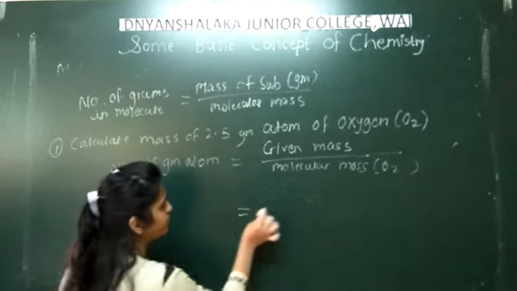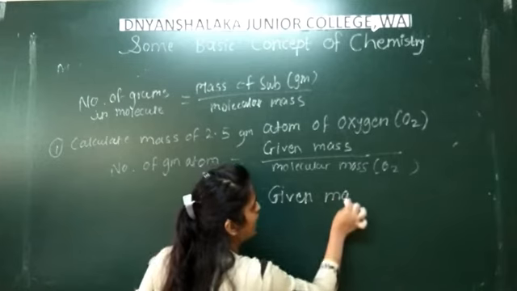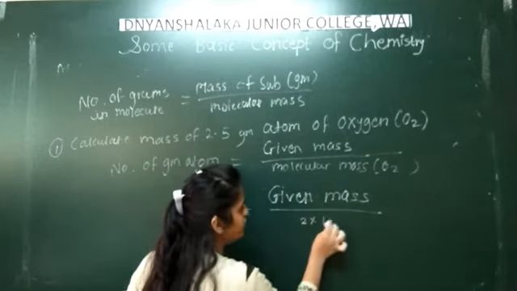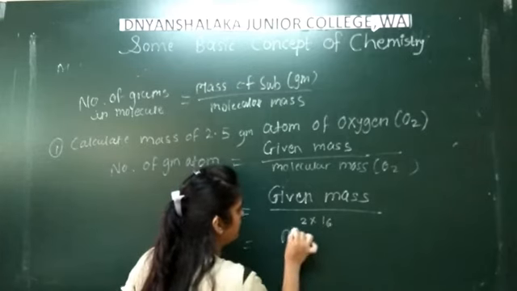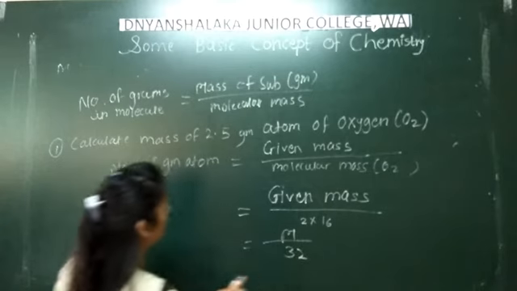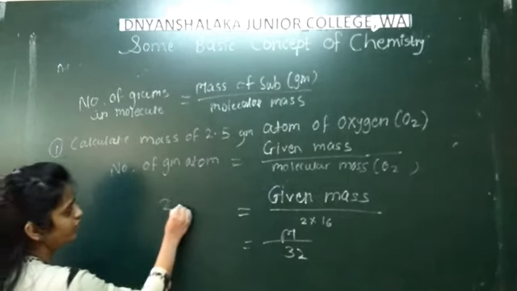So given mass upon molecular mass of O2, which is 2 into 16, 32, and number of gram atoms, which is given, is 2.5.